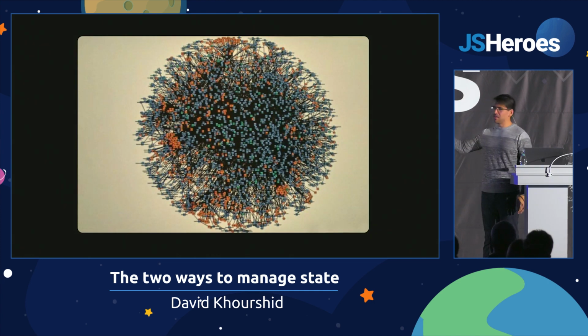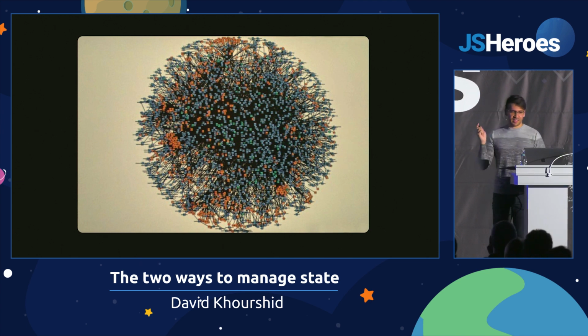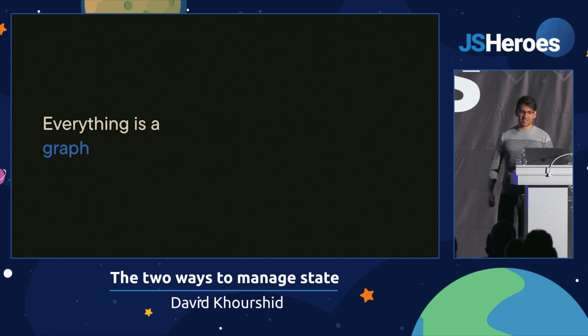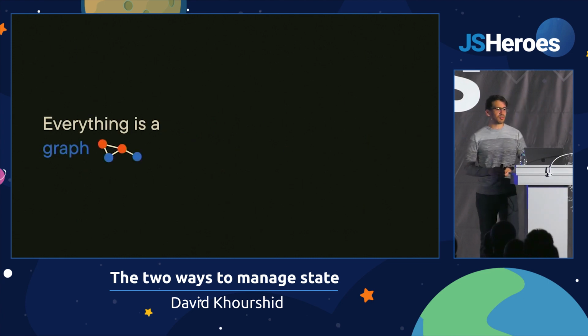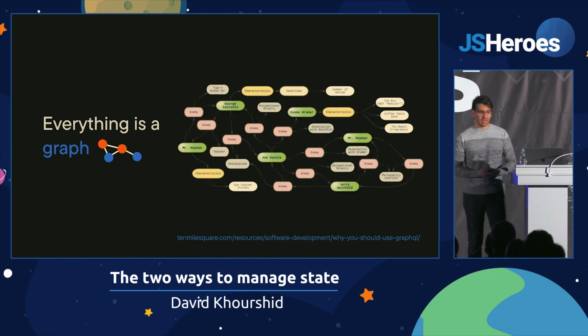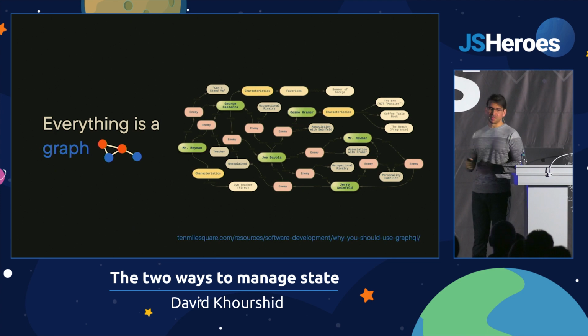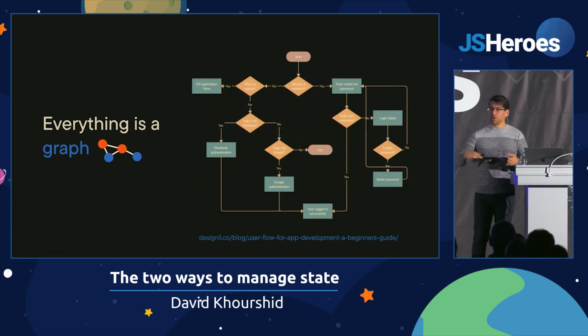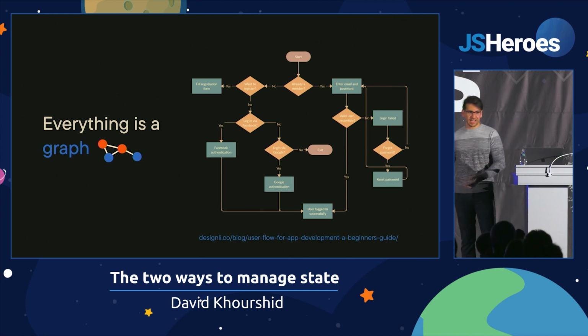So again, don't model your application like, this is Netflix, and this is how Netflix does their microservices. But speaking of that, the other realization I made is that everything is a graph. Whether it's GraphQL, which is just modeling relationships between different entities, or a flow, which is just a simple user flow that determines where a user should go next.